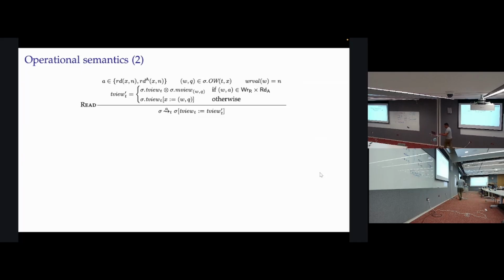You just update your thread view, but you don't get any other information from there. Only when there's this release acquire do you get this merge of the views. And merge, as was pointed out, is about getting the maximum.